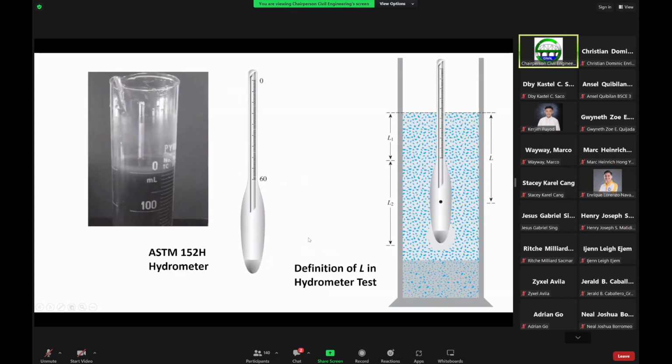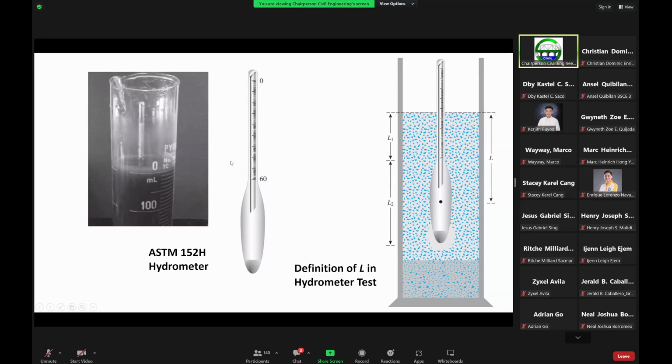So this is the definition of L, derived from the hydrometer equipment. This is what you do for a hydrometer test, wherein this is the water with the silts and clays being shaken up, and then you put in the hydrometer.